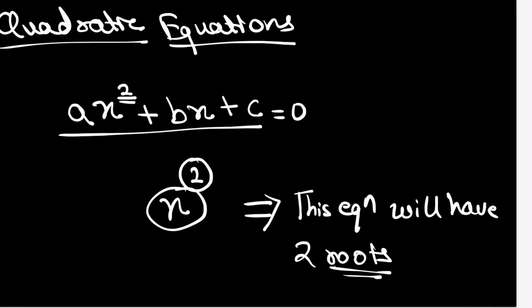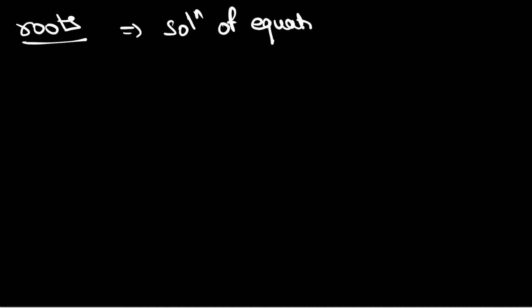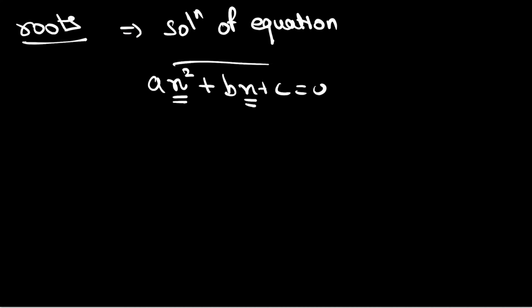Now, what are roots? Roots are basically solutions of the equation. If I remind you again, the equation we started with was ax square plus bx plus c equal to 0. Roots basically mean that if I put that value instead of x, the equation will be satisfied, going to 0.